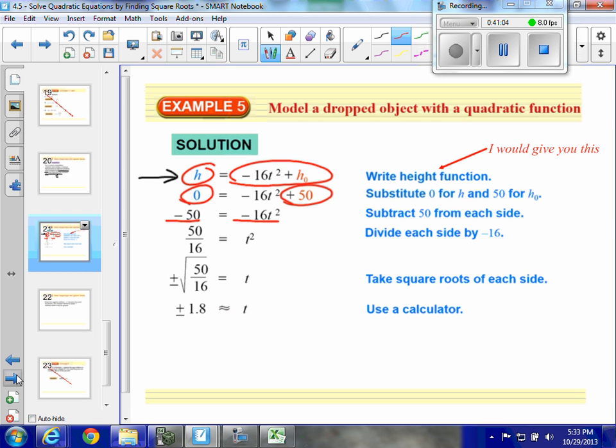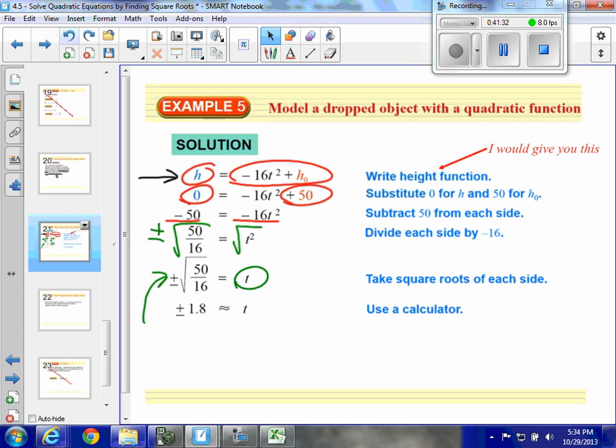I need to isolate my t squared, so I'm going to divide both sides by negative 16. So I get 50 over negative 16 is equal to t squared. And then when I take the square root of both sides of that, which I'm going to do right now, I'm not going to forget my plus or minus. So I'm going to get t is equal to plus or minus the square root of 50 over 16.